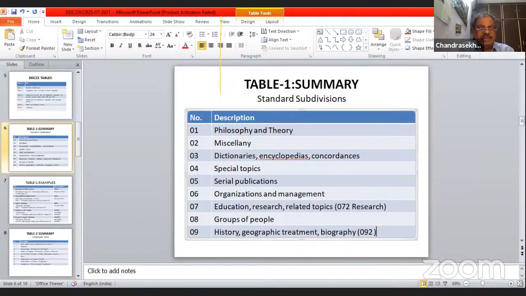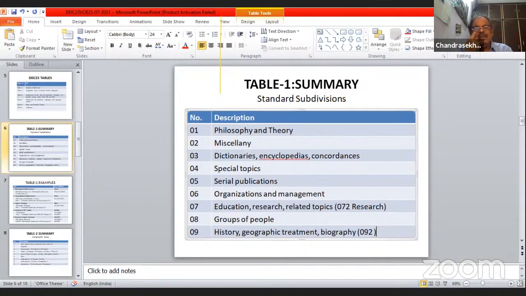So that subject area we will take, not C.V. Raman himself. Physics is number 530, and to that we attach the biography number. So that is the biography of C.V. Raman. What about the biography of Rabindranath Tagore? Rabindranath Tagore is Bengali literature, so to Bengali literature we attach the biography number.